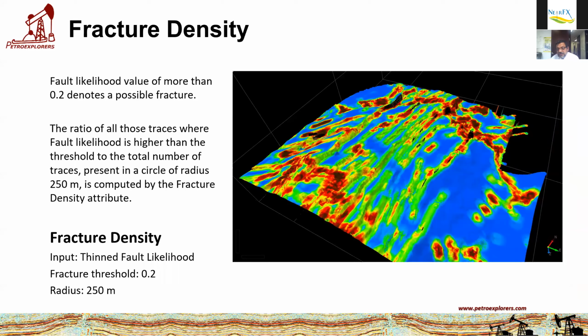In addition, what they put in is the fault fracture density and fracture proximity. Fracture density is where you can take an area, define a fracture threshold, put in a radius, and see where the swarms of fractures are going.